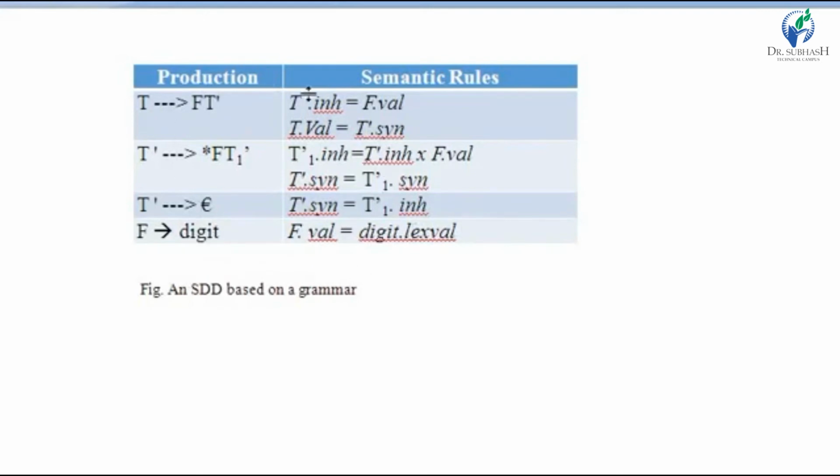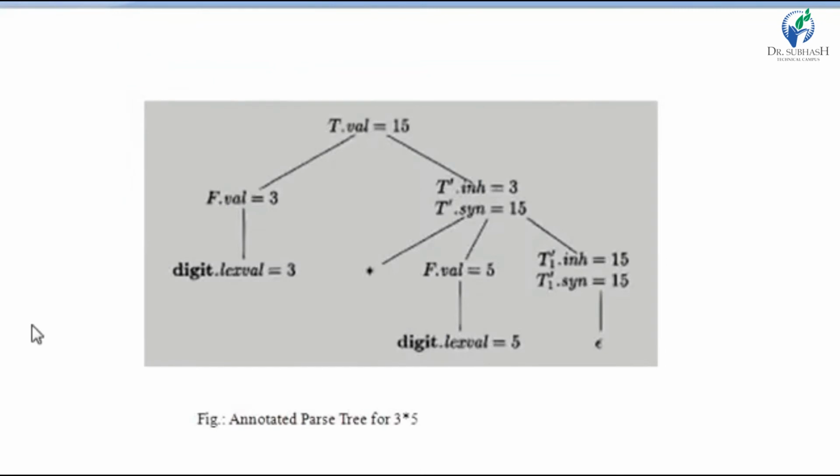So in inherited attribute, draw the parse tree for 3 into 5. Annotated parse tree for 3 into 5. So T.value gives F.value and T'.inherited value.